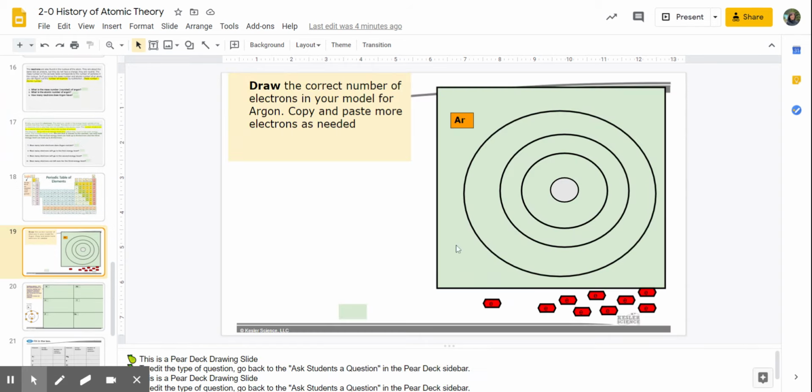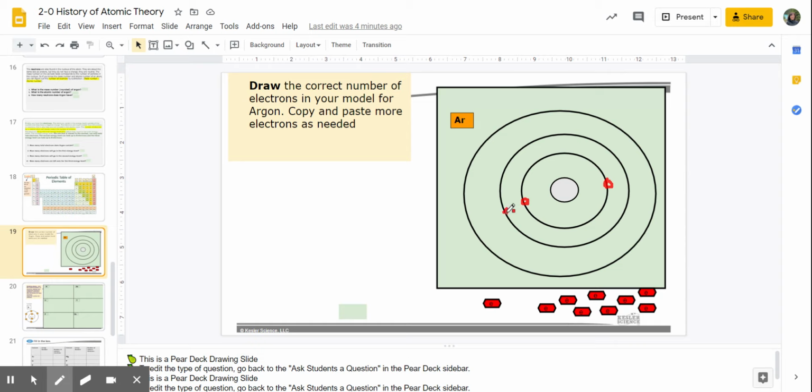So if you want to place the electrons for argon, you have to first fill up the first energy level. So here's the first electron, second electron, and when there are 2 electrons, it's already full. So there's no more room in the first layer.